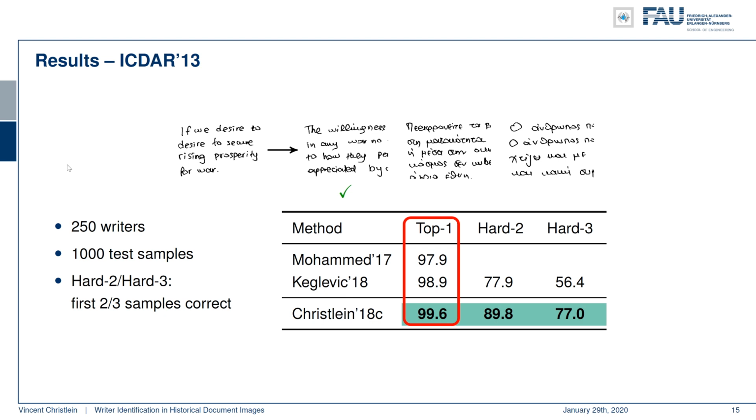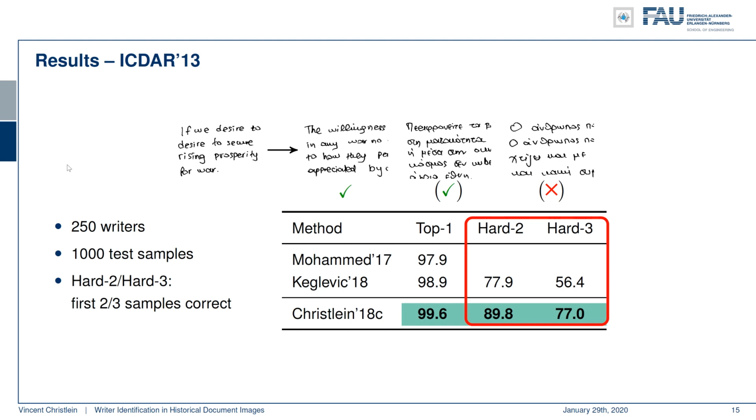We can even detect to some degree, so hard 2 or hard 3 means that the first 2 hits or the first 3 hits which I get are from the same writer. If we have these clean images, then the methods really work very well. We can even detect in 77% of cases all 3 samples from the same writer ranked first.